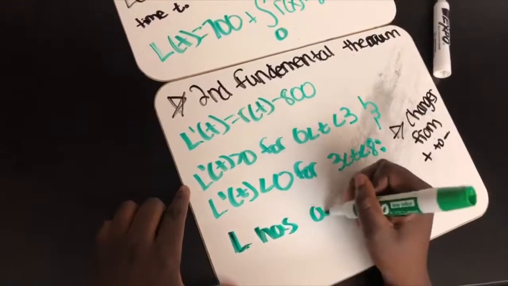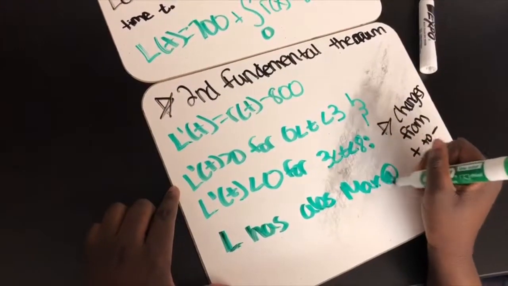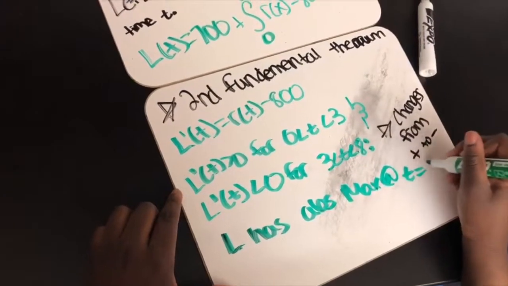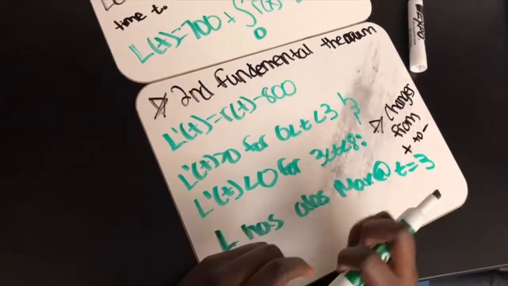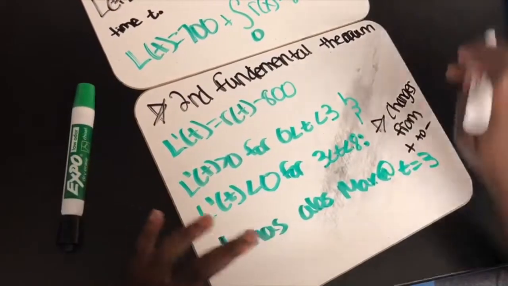Now you see that L has an absolute maximum at t equals 3, because R of t equals 800 is the only time that there's a maximum. So the maximum is at t equals 3.